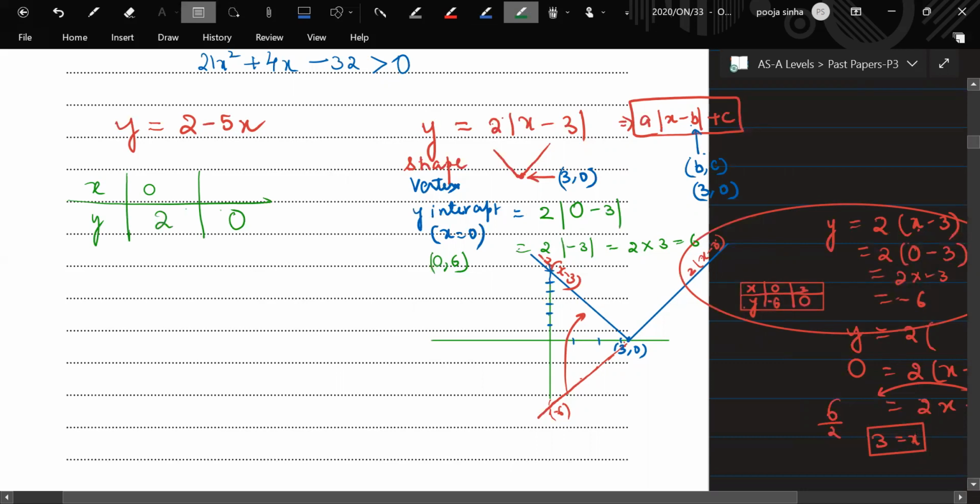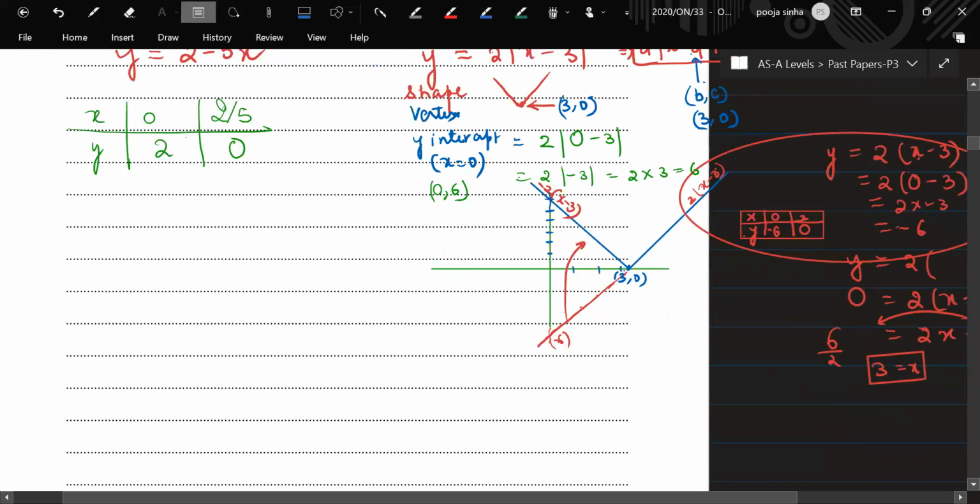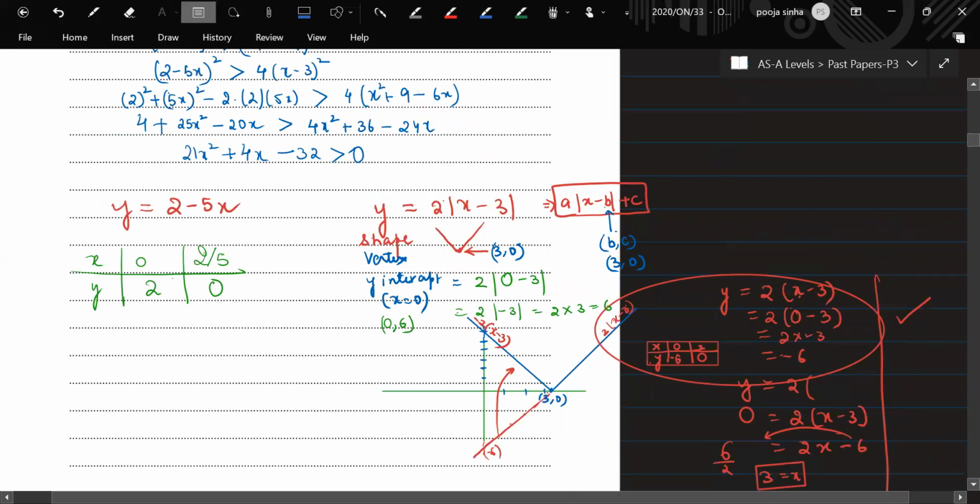When you put y as 0, x is 2/5. Now 2/5 is how much? It's approximately 0.4.